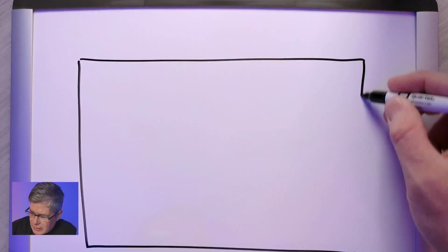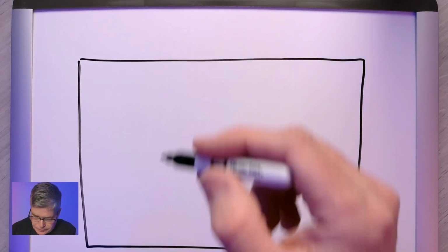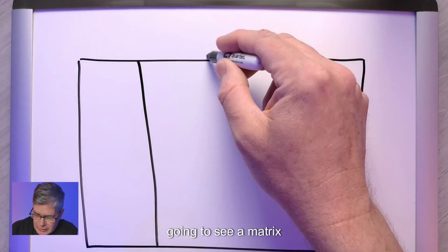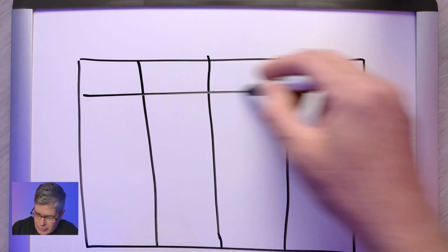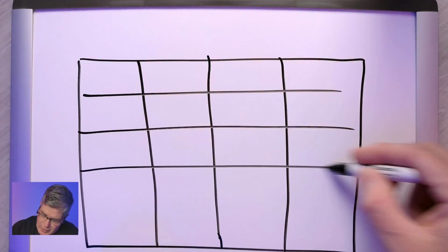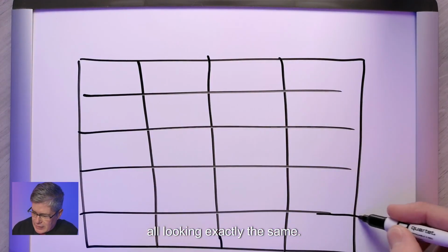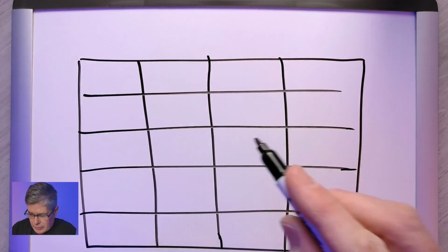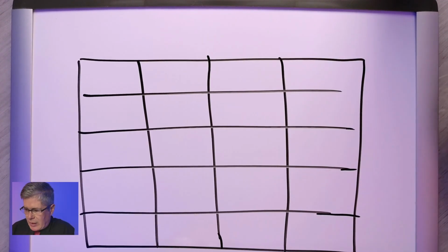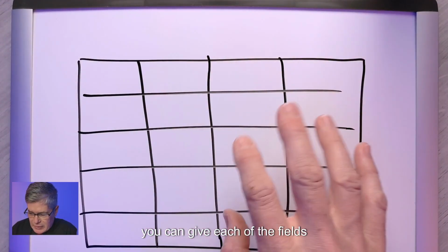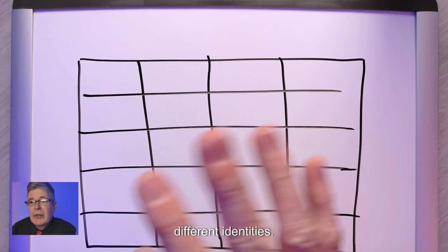of what you will see on opening Excel. You're going to see a matrix of columns and rows, all looking exactly the same. Each of these is called a field into which you can put numbers, letters. You can give each of the fields different identities.